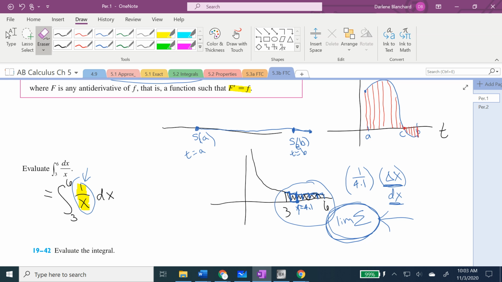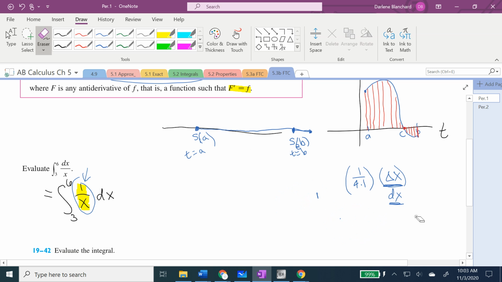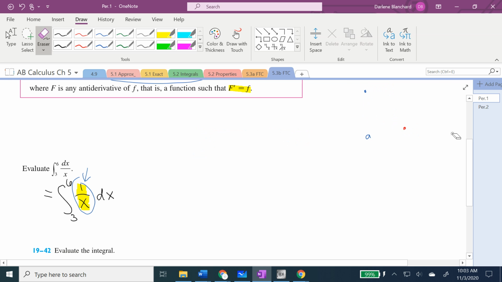Now, let's forget this. I'm going to erase it, and let's pretend it doesn't exist. And let's look at what you're actually just plain going to be doing. You're looking at the function 1 over x and asking, who do I take the derivative of? And the result that I get is 1 over x.